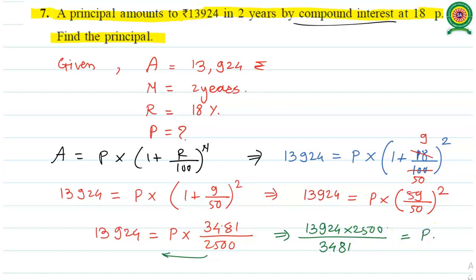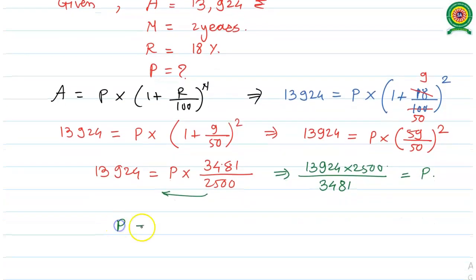So that equals the value of P. So P equals, since the numerator number ends with a 4, let's do the multiplication.